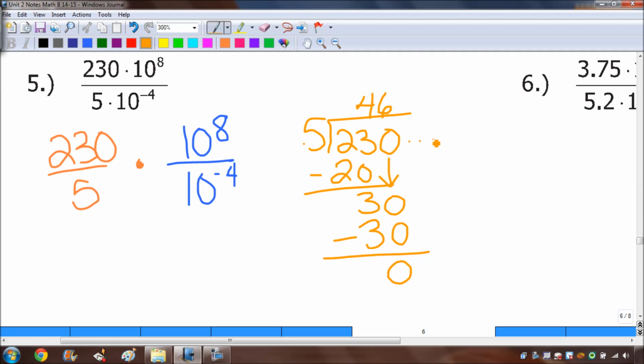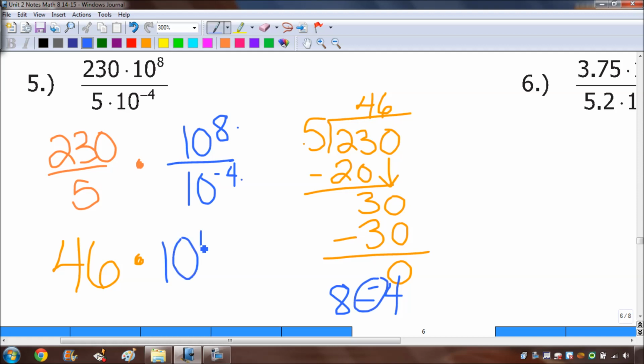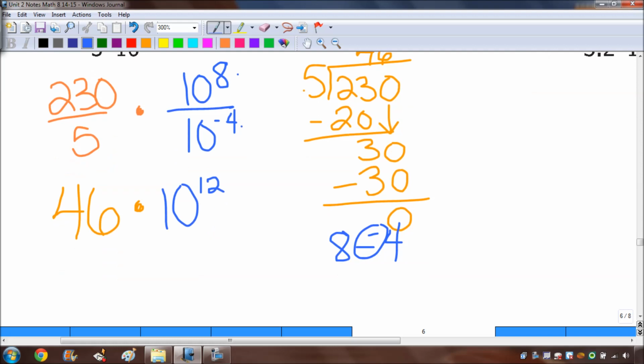There's nothing left to bring down, so I've done my division as completely as I can. So this ends up becoming 46, okay, times, now be careful, when you divide, you should subtract your exponents. So when I subtract my exponents, it's going to be 8 minus negative 4, so it's really 12, right, because this becomes a positive, so it's 46 times 10 to the 12th power.